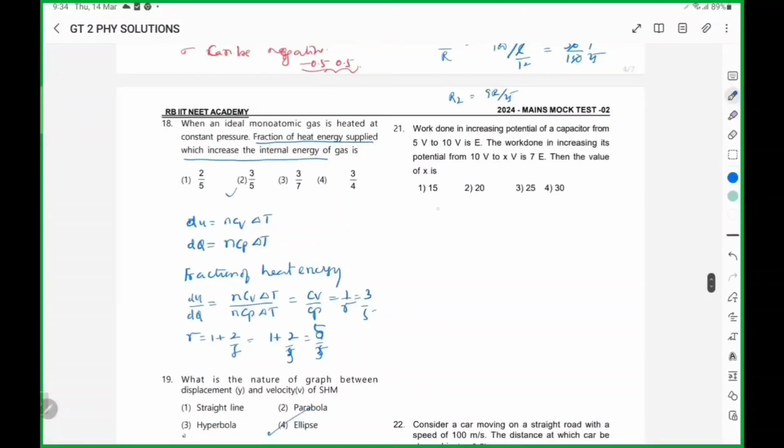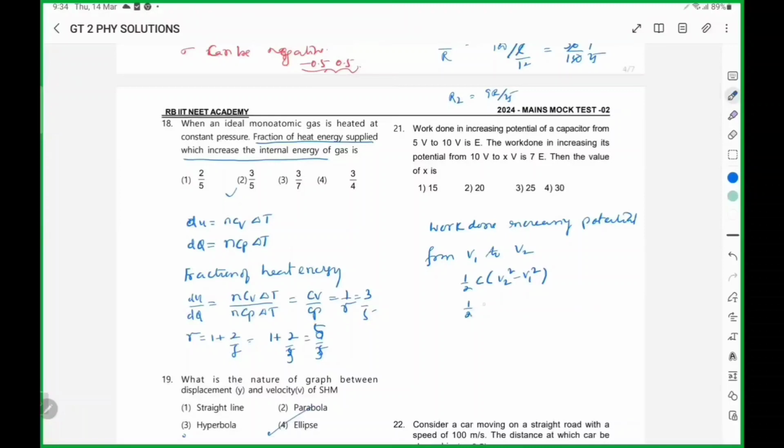Here, work done in increasing potential from V1 to V2 is half of C into V2 square minus V1 square.